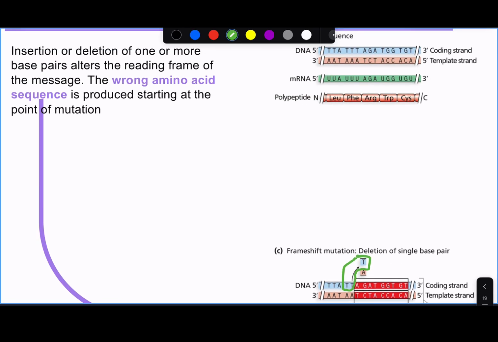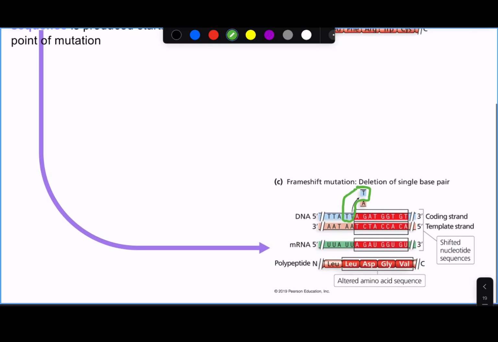We go from UUA, UUU, AGA to UUA, UUA, GAU. Even phonetically, you can sort of appreciate the change, right? So the whole sequence changed. It's not sounding anything like before. And that obviously results in a complete change of the amino acids being coded.